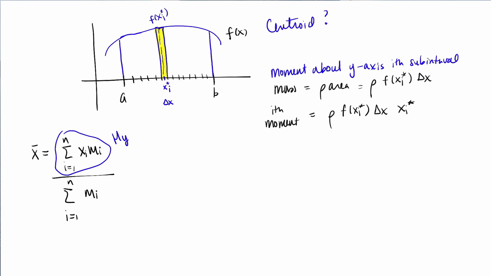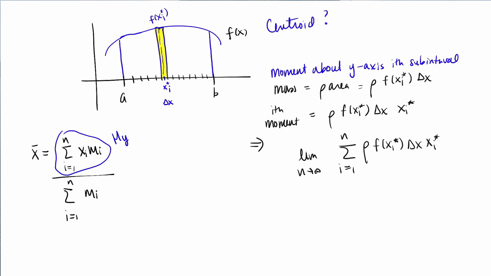That tells me that I can approximate this moment by taking the sum from i equals 1 to n of rho f of xi star delta x times xi star. And then, as we always do, instead of having an approximation, why don't we just take infinitely many of them? So then I take the limit as n goes to infinity.